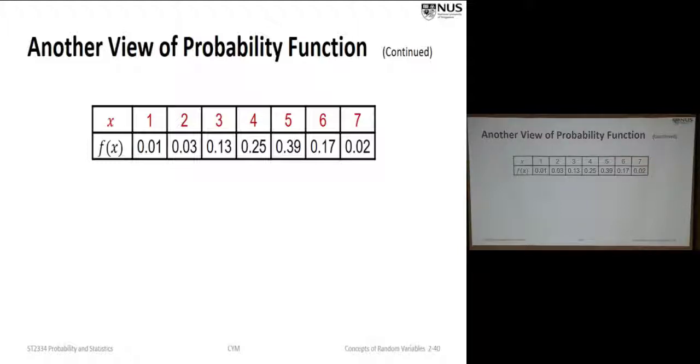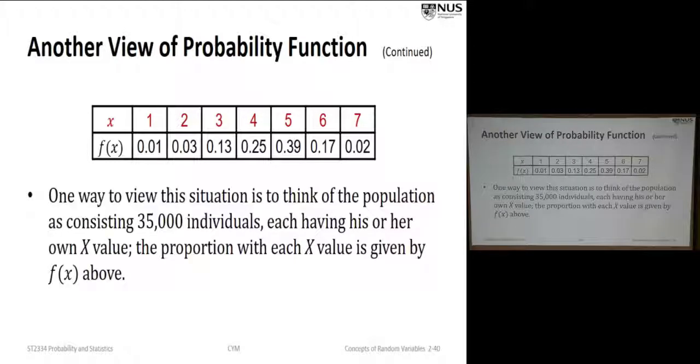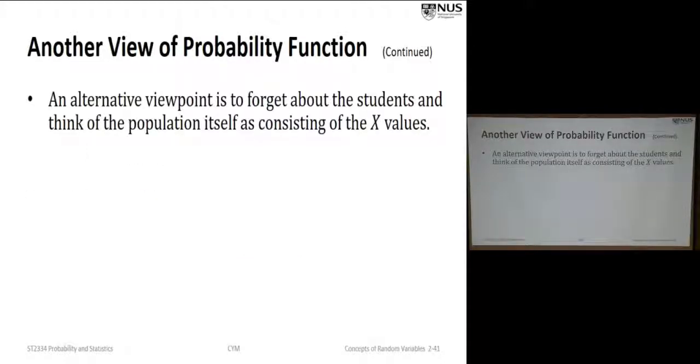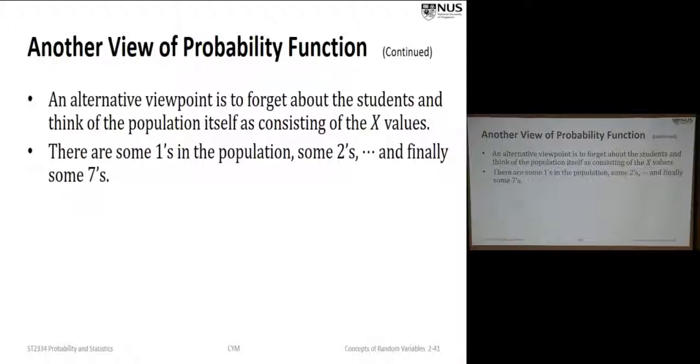All right, randomly select students. So that's how we interpret it. Okay, so you see here, forget about the students, look at the modules. In this 35,000, 1% of them are 1s, 2% of them are 7s, 39% of them are 5s, and things like that.